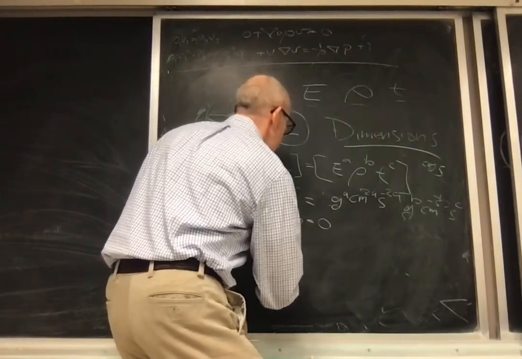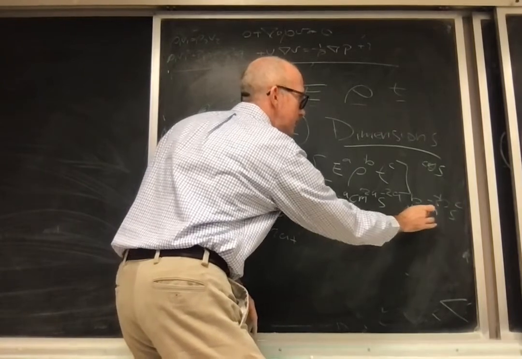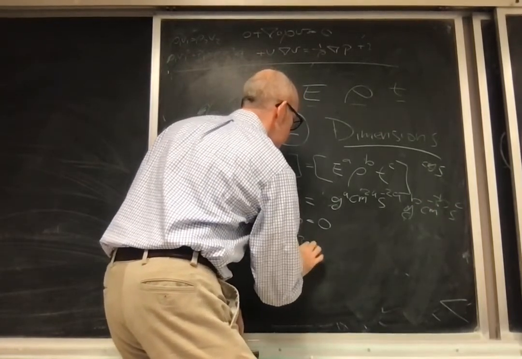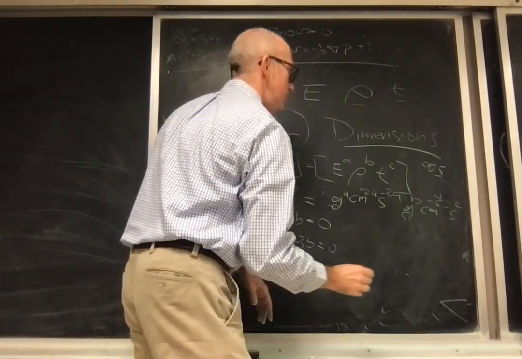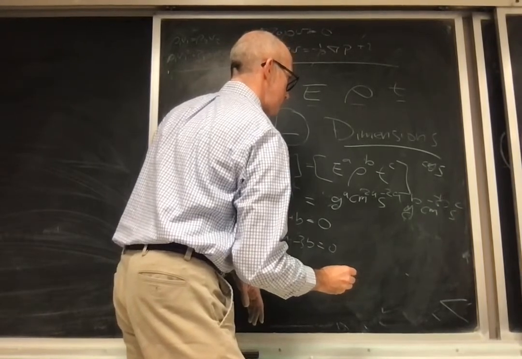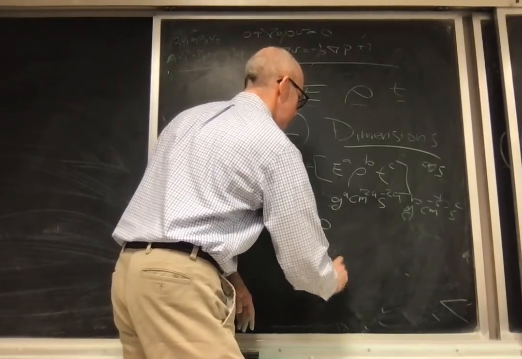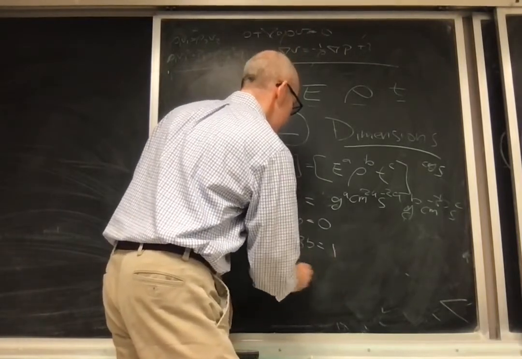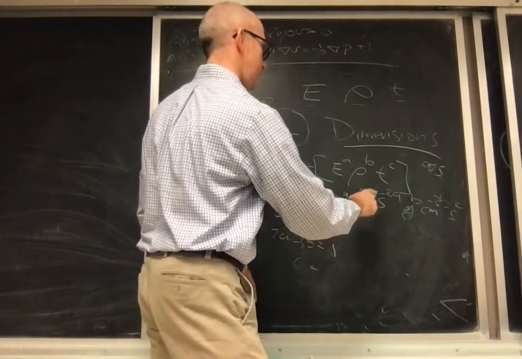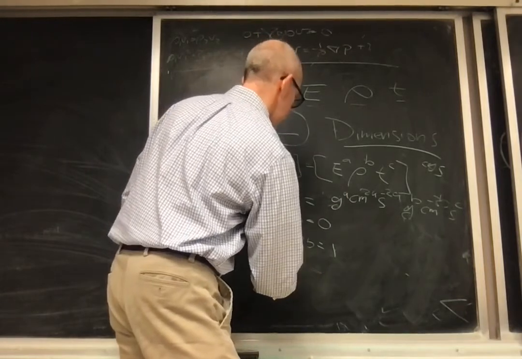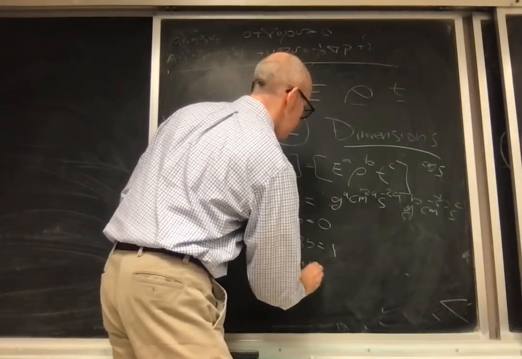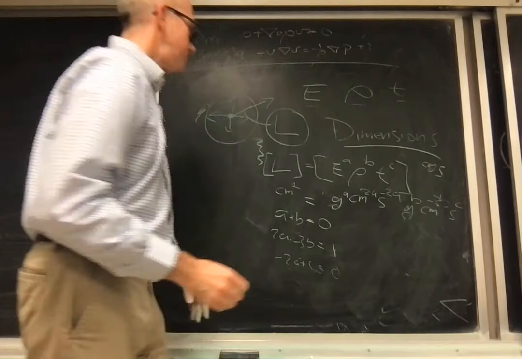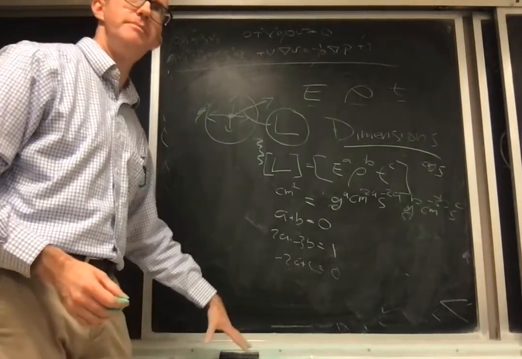Centimeters: 2A minus 3B equals 1, thanks. And then for seconds, we've got minus 2A plus C equals 0. Algebra, and you're done.